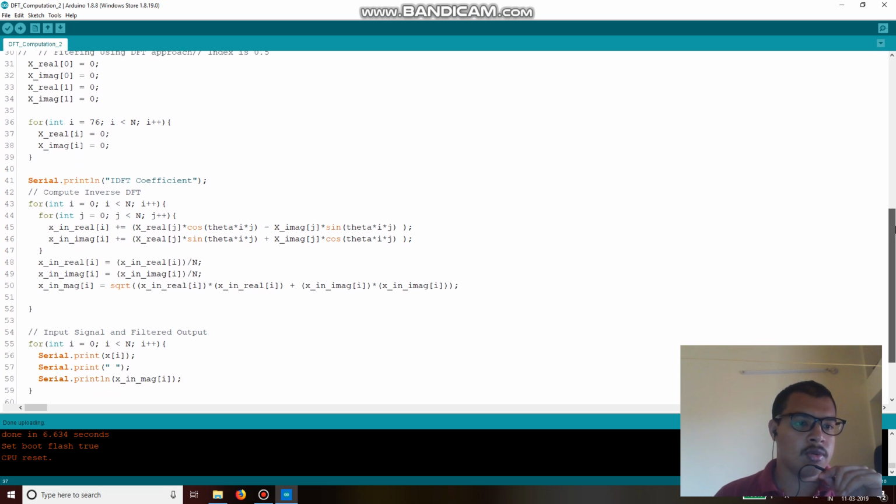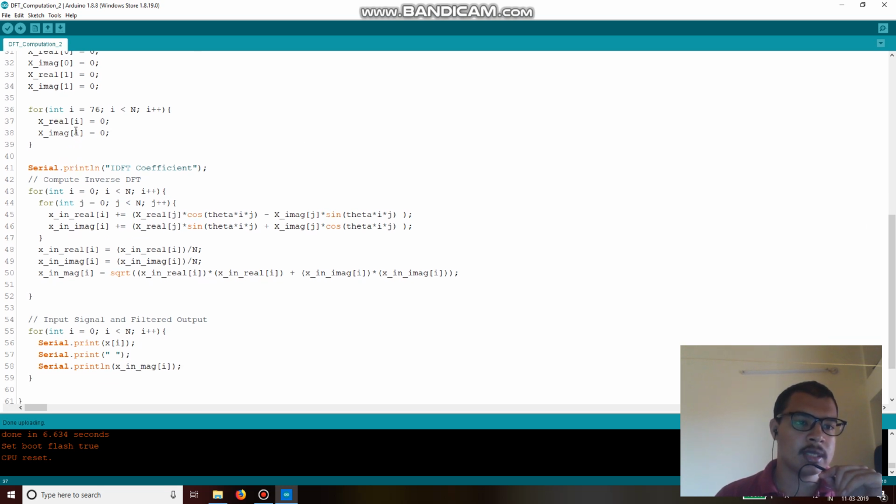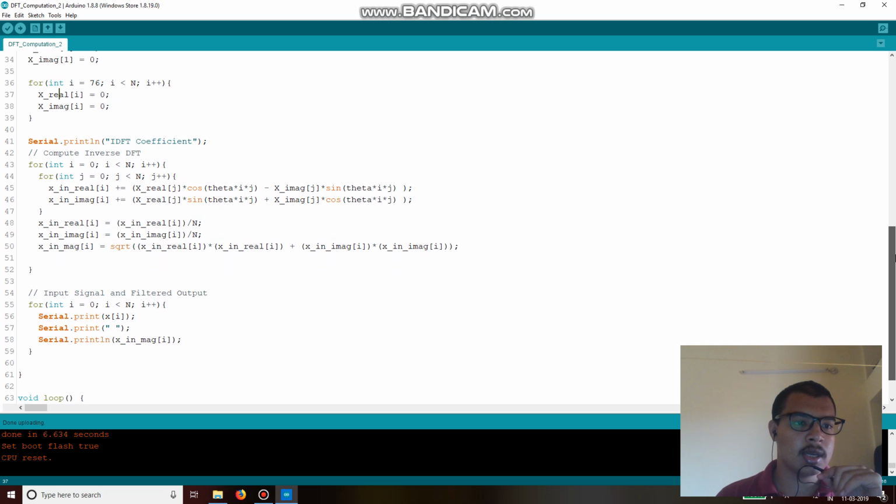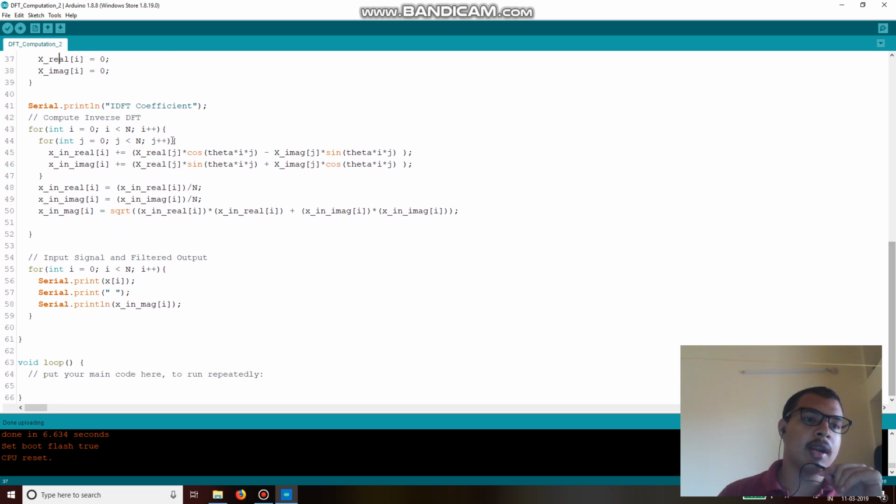So now since I have performed this operation, I would be doing the IDFT part. For IDFT, we have these general equations, x in real and x in imaginary. These are basically the same equations, having the e to the power j 2 pi by n nk expression, and then we'll be having the x in real and x in imaginary matrices.